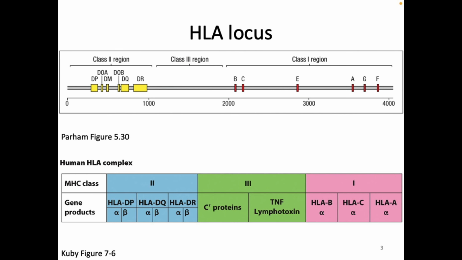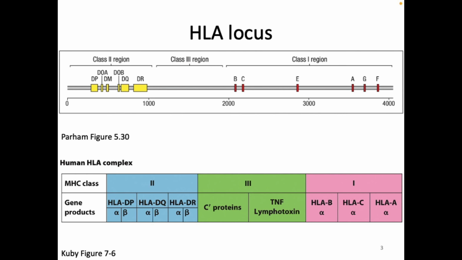And I like to remember that the ones with one letter after HLA are class 1, and the ones with 2 letters are class 2. We each have different HLA-As from our mom and our dad, different HLA-Bs from our mom and our dad, HLA-Cs from our mom and our dad, like we saw last time. And in humans, the way that we distinguish those different versions of, say, HLA-A is with numbers.